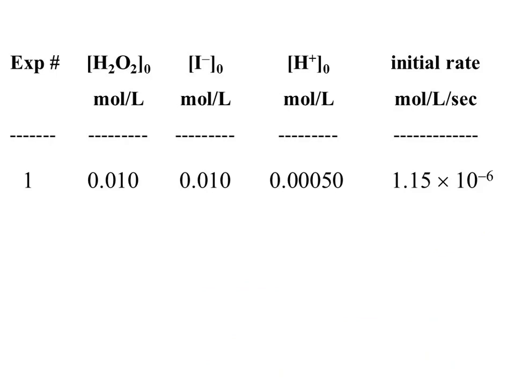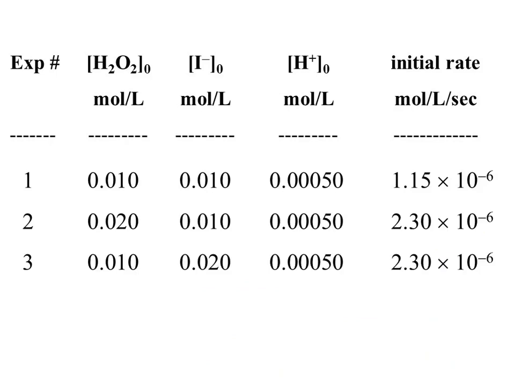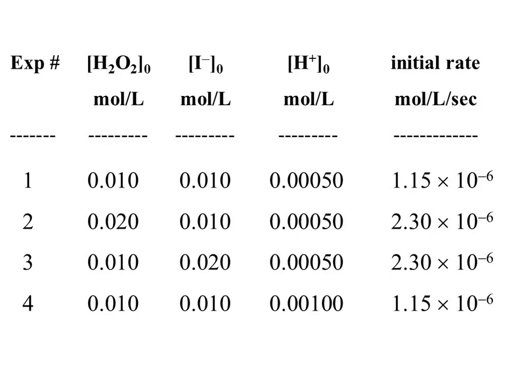So there are 4 runs, and when somebody gives you data like this, you should start thinking, now why did they pick those runs? Can you see, for instance, if we pick experiment 1 and experiment 2, where the I minus and the H plus are constant? So that would be a good pair to get the reaction order of H2O2.